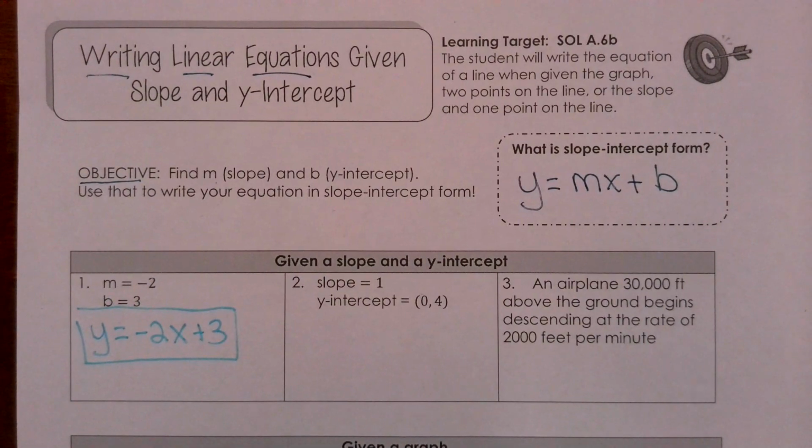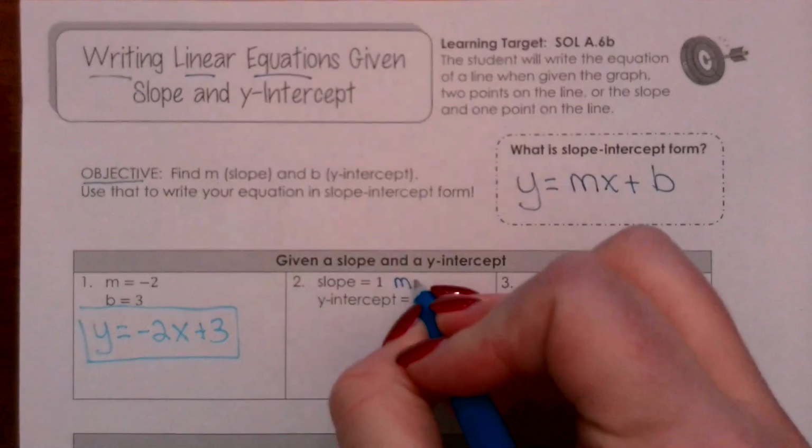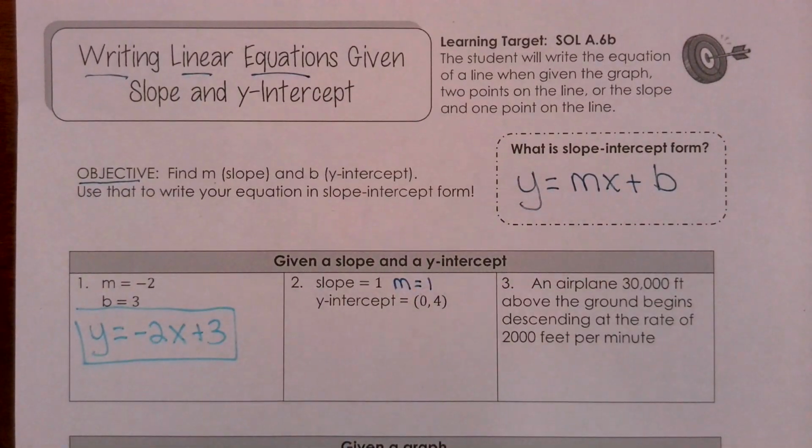Now, I'm going to look at this next one. This next one differs a wee bit because it doesn't say m equals negative 2. It uses the word slope equals 1. Well, I know slope is also m, so m equals 1. Then I'm going to look for b, which is the y-intercept.